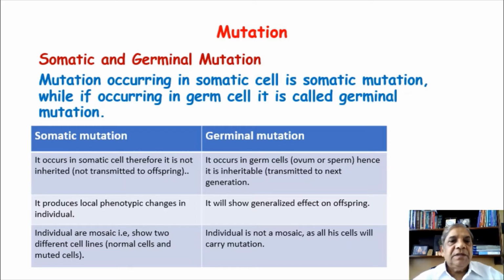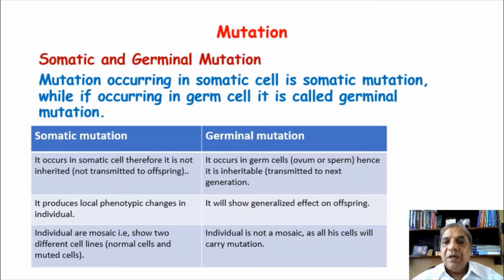Now there are two types of the gene mutation: somatic and germinal mutation. Let us see what is somatic and what is germinal mutation and what is the difference between the two. Mutation occurring in somatic cells, since we are made up of billions of somatic cells which have formed our body.